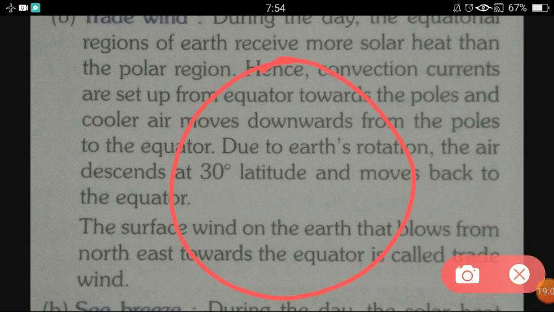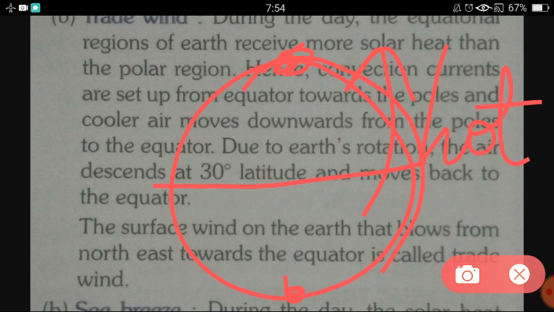So this is earth, and this is the equator, these are the poles. From the equator hot air is going up, and from the poles cooler air is coming down. So when they are going up or coming down, it is not like the earth is static, the earth is also rotating.